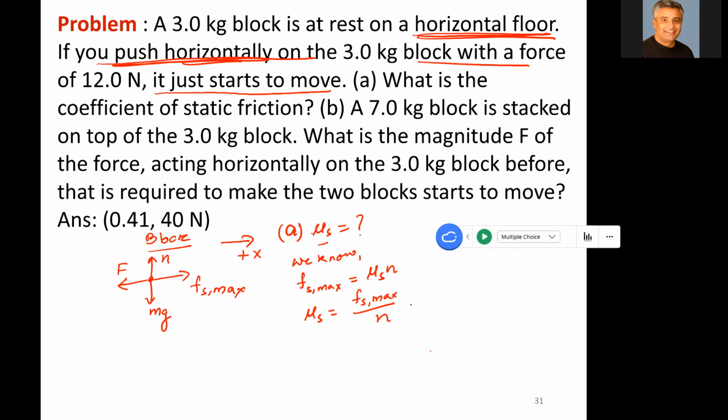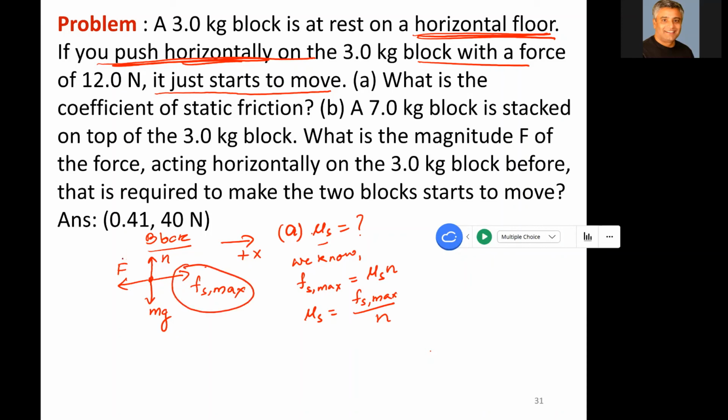So now, Fs max, how much is Fs max? How much is normal force? Do we know them or can we find them? For that, we need to look at the free body diagram. If I look at the free body diagram, what do I find?